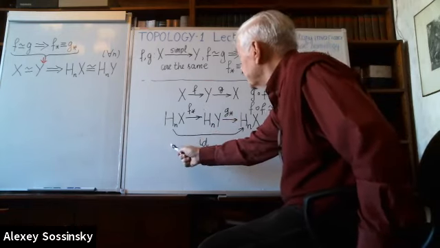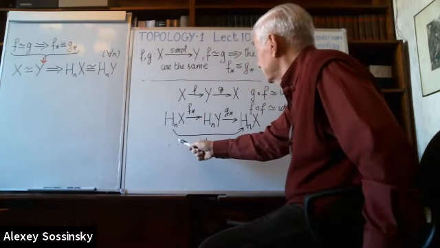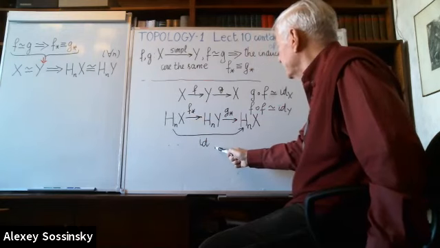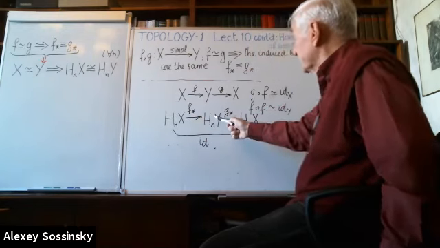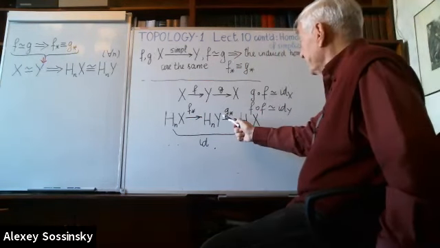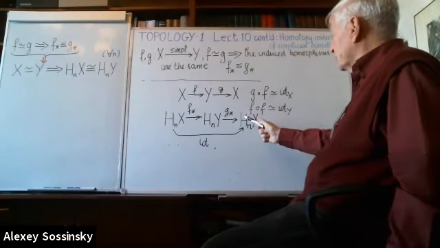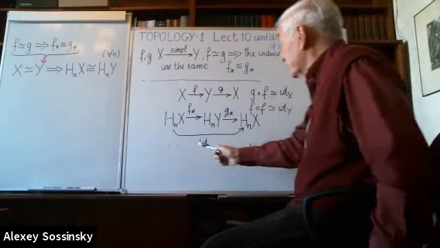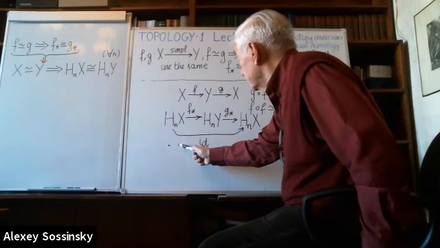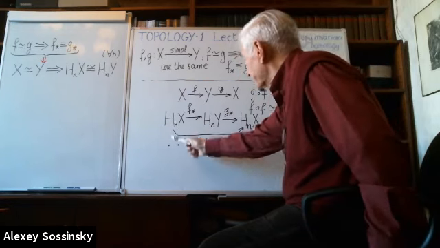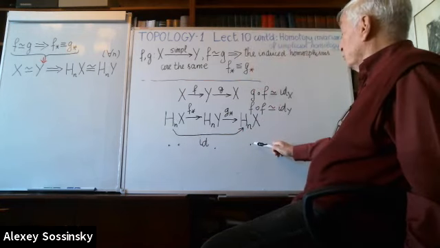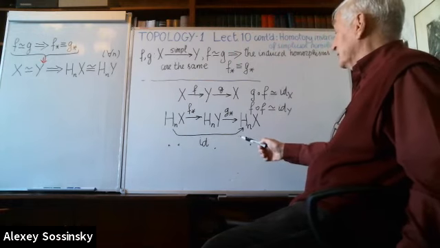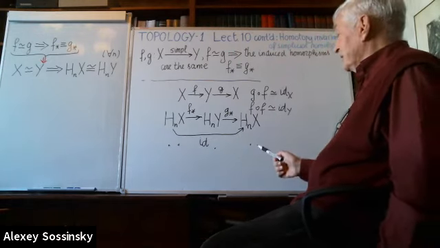If two different elements of this group are mapped into one element of the group Hn of Y, then after this homomorphism, they will be mapped to one point by the identity, which is impossible. The identity, of course, is injective.